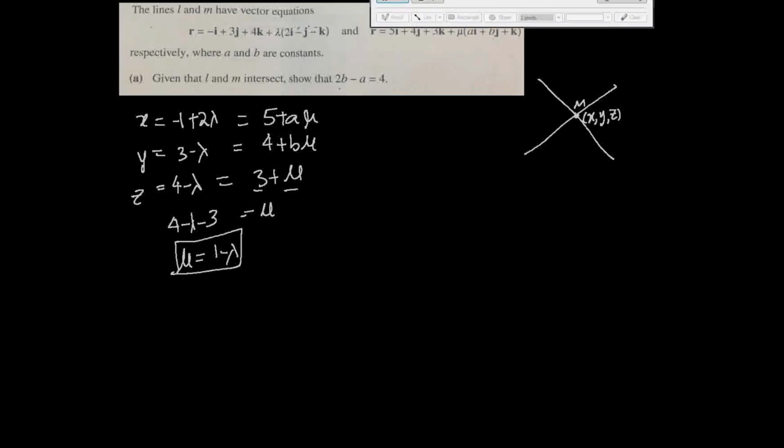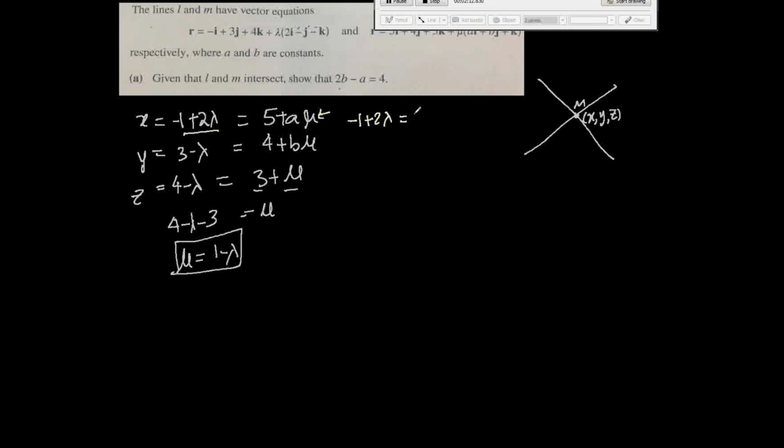Now, since we've got the relationship between mu and lambda, let's substitute this relationship into the other part. Okay, so let's choose x first, this one. So minus 1 plus 2 lambda, which was on this side, equal to 5 plus a mu, and now mu has a value 1 minus lambda. Let's continue to isolate a on one side.